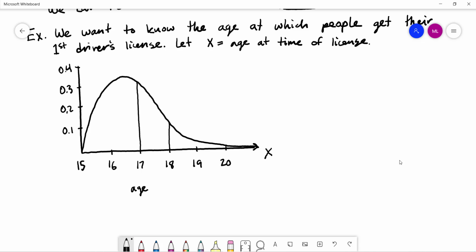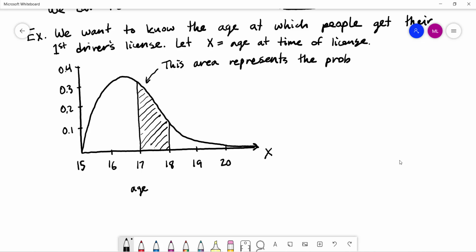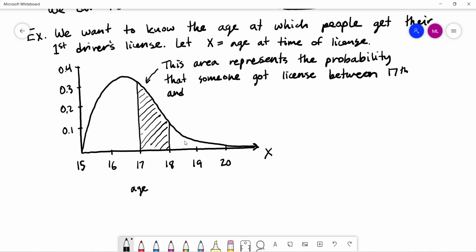And so if I were to look at just, say, this section right here, the area of this section, so this area represents the probability that somebody got their driver's license basically between their 17th and 18th birthdays.